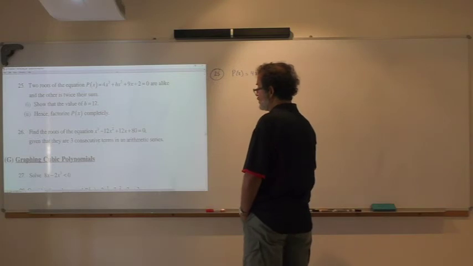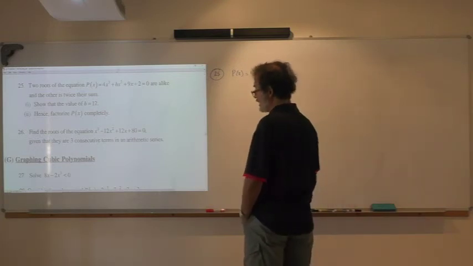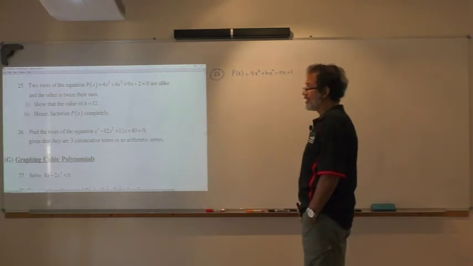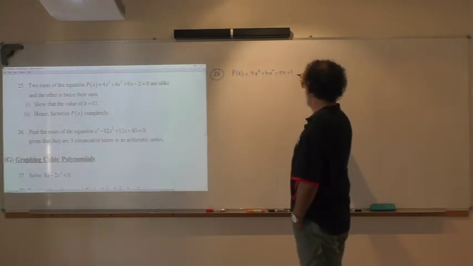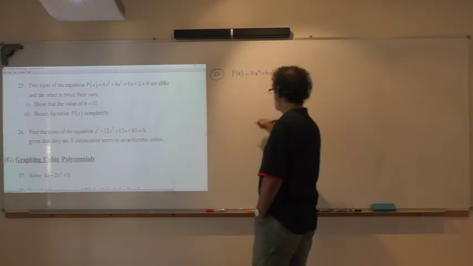So they say the roots of the polynomial equation are alike. Two roots of the equation are alike, and the other one is twice their sum. All right, let's see how we're going to interpret what they are saying.